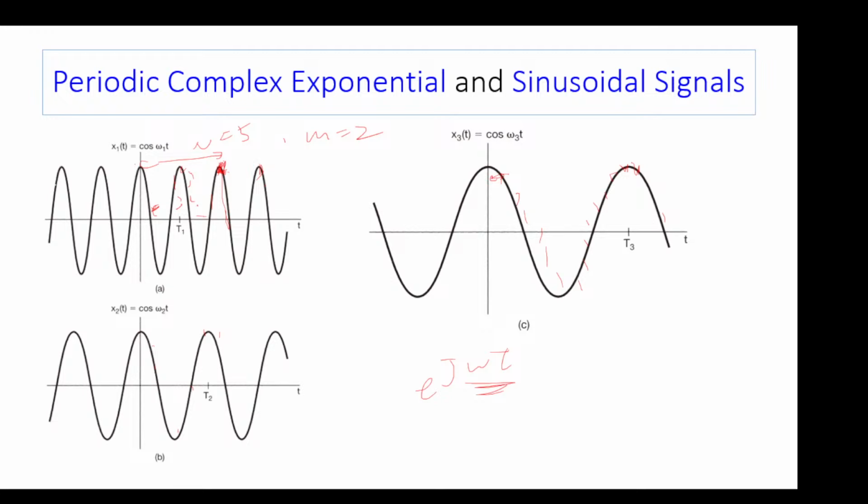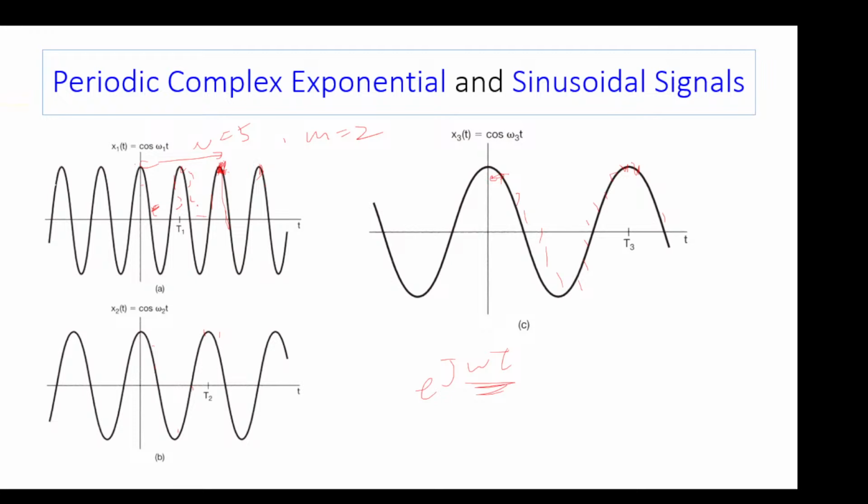But now your t needs to be an integer. So you're sampling at integer points, and you want at some point to hit an integer point. Okay, any other questions?